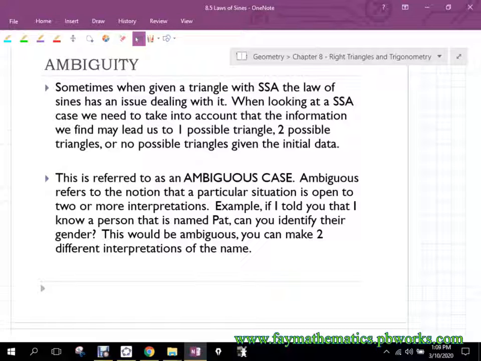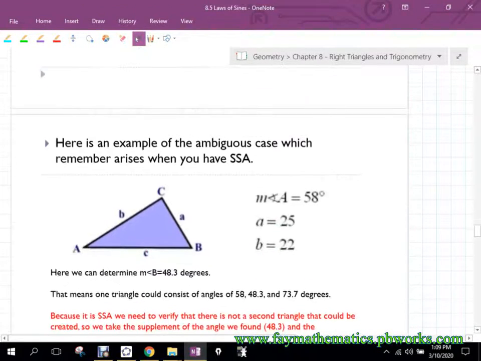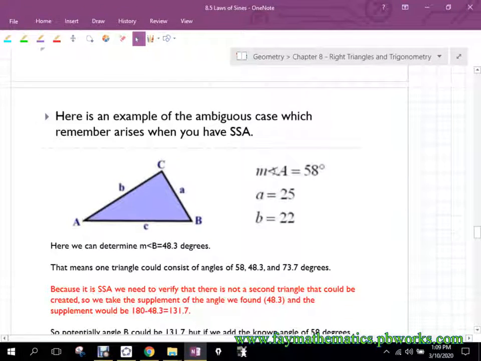We like in mathematics to eliminate all ambiguity. But there are times where it's impossible. When we talk about side-side-angle, it is impossible to remove ambiguity. So if I were to give you a triangle like this, where I give you two sides and an angle that is outside those two sides, not between them, you have what we call the ambiguous case.